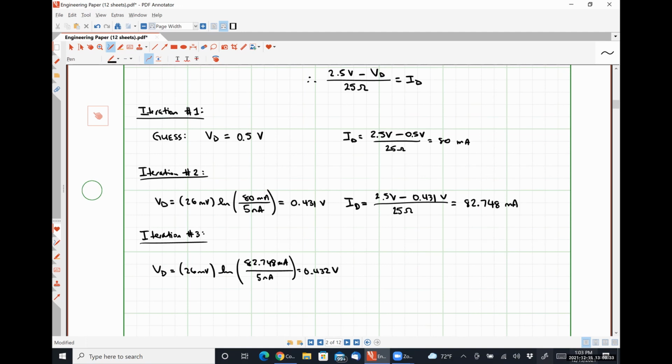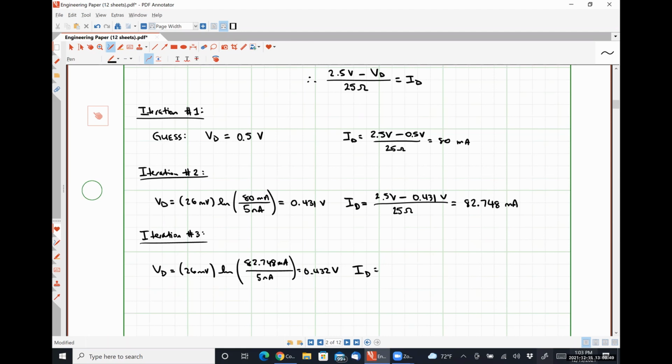So our voltage only changed, let's see, so that would be 1 microvolt, I believe. No, 1 millivolt, I'm sorry. Our voltage changed 1 millivolt there. So not a big change, so we're probably looking pretty good.